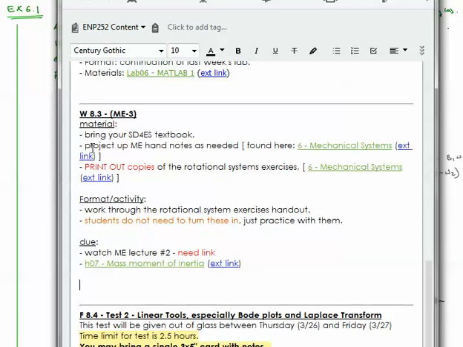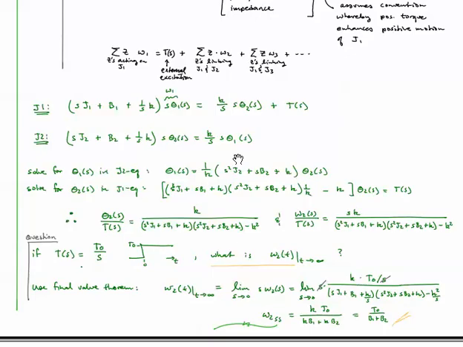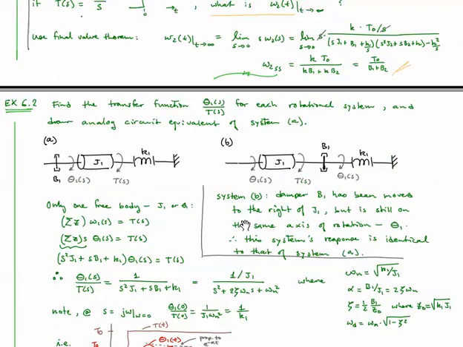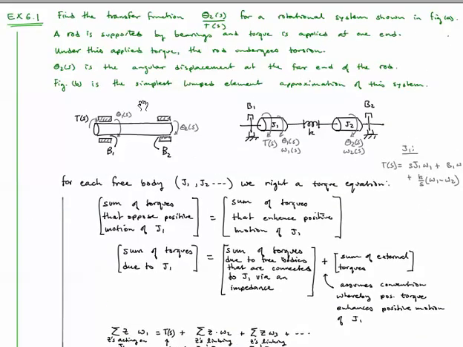So this is the Wednesday of week 8. You're going to be working through some rotational system exercise handout problems, starting with 6.2 right here. There's a couple problems. So what you really want to do before that class is study these, and if you have questions, then bring those questions.